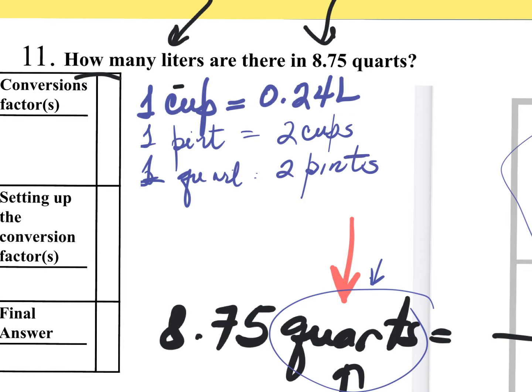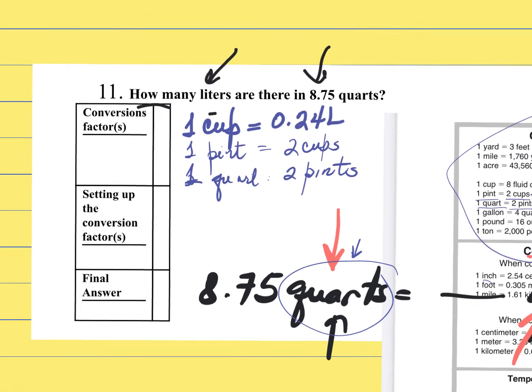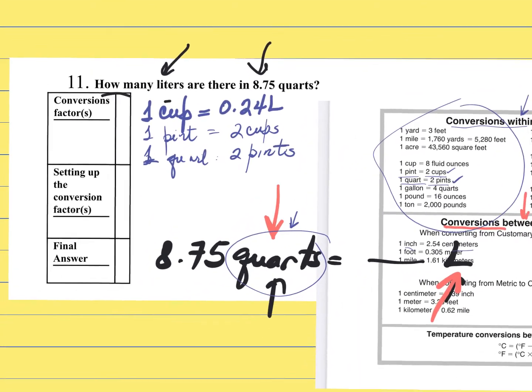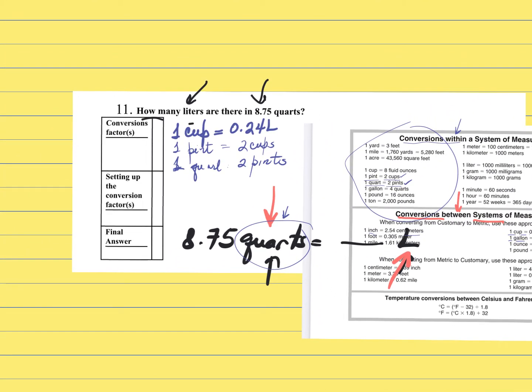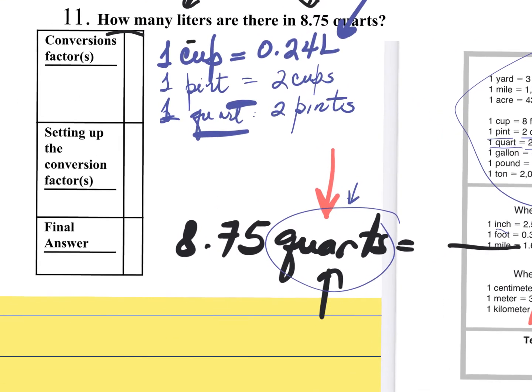And now I have 3 conversion factors. Is that okay? No problem. That's all okay. Why? Because you have your liters that you need, and then you have over here the quarts that you need. See? It's all in there.